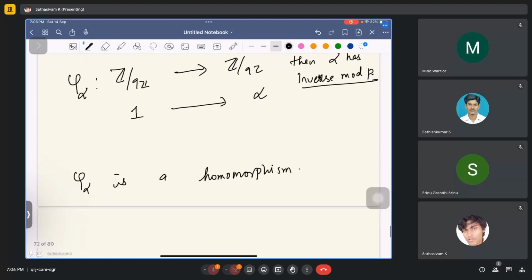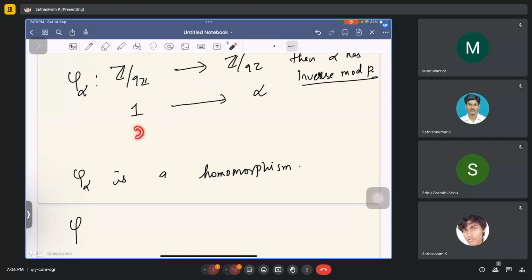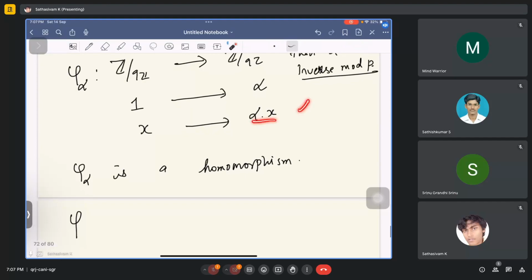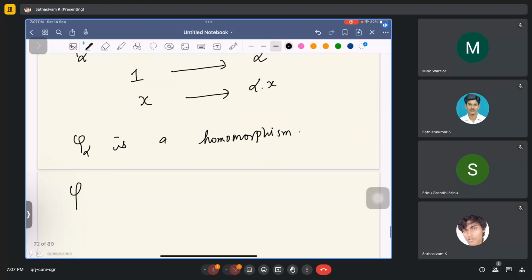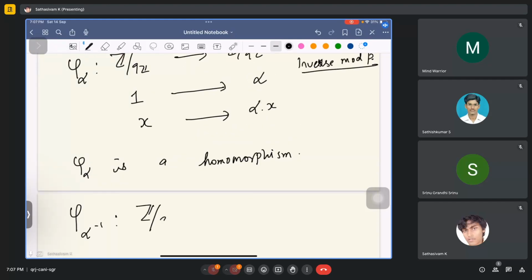Take any x; this x goes to alpha times x, but this multiplication is modular multiplication. So here you can give an inverse, which is again a function from Z mod QZ to Z mod QZ.